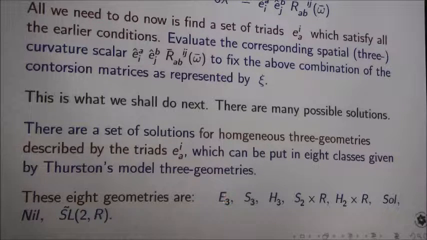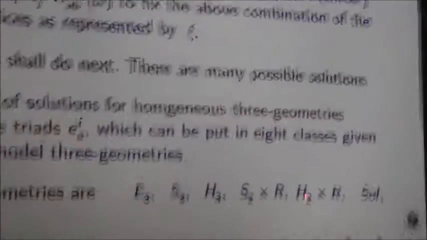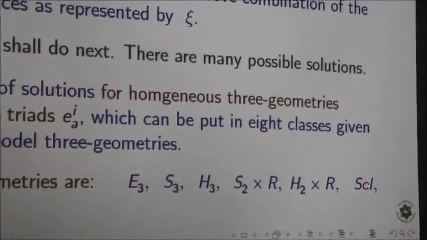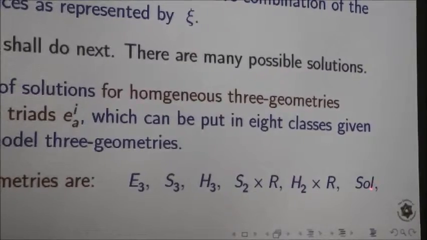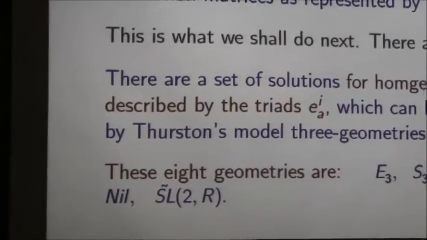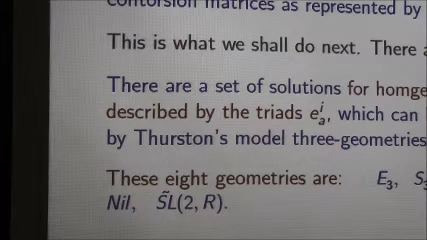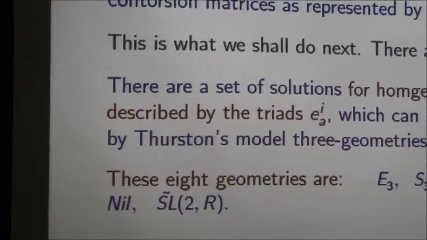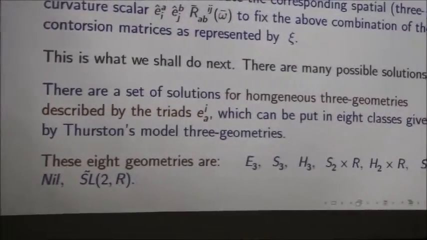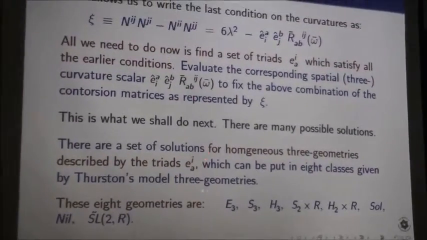The names for these geometries: the simplest one is just 3 Euclidean space, 3-sphere, 3 hyperbolic space, S2, the 2-sphere cross an R1, the hyperbolic 2-space cross an R1, and then there are special names given to the other 3 for certain mathematical properties they have. The names given to them are Sol, Nil, SL2R-bar. So all 8 geometries provide solutions to this set of equations.